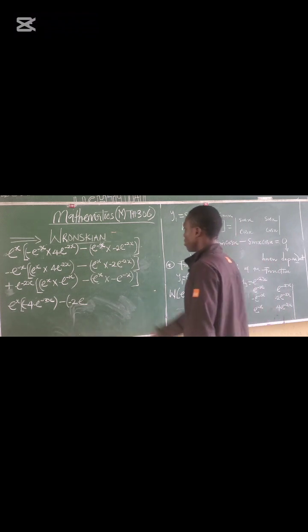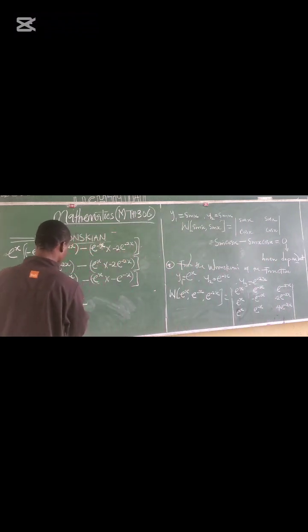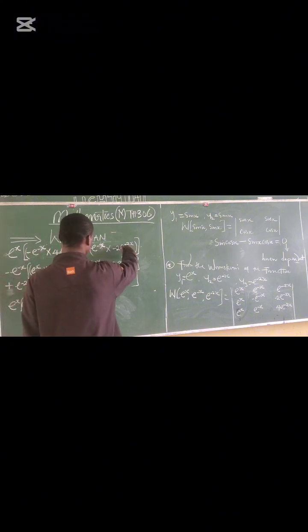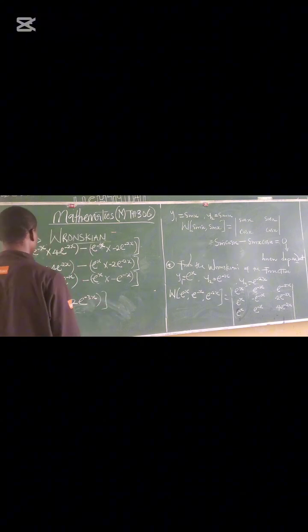So x is minus x. So this times this will be minus 2 exponential minus x plus minus 2x is going to give me minus 3x. So that's for the first one.